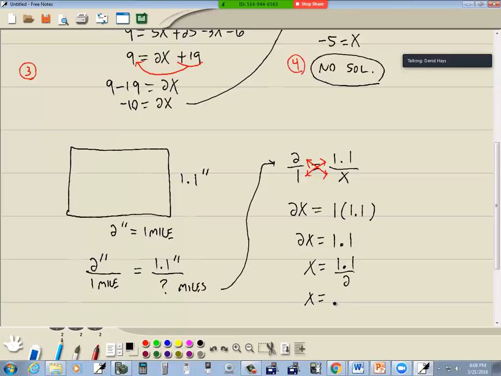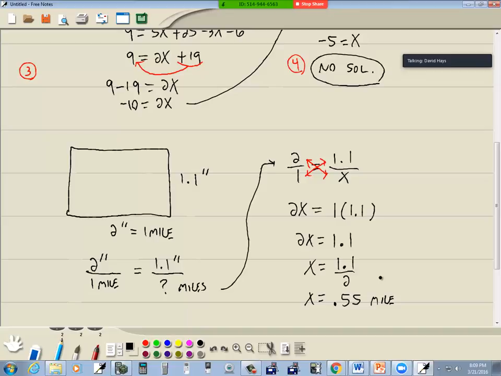And we get 0.55, I believe. Not very good with decimals, but that would be how many miles. And it doesn't matter what you're trying to relate, you can set it up in that form. A lot of the word problems, application problems, are centered around this concept here.